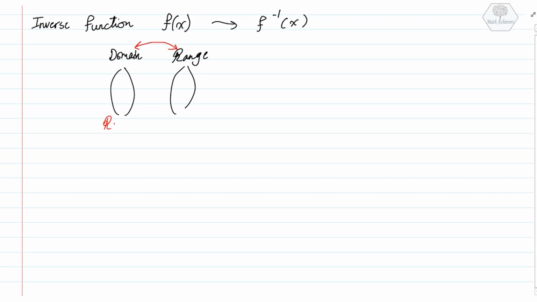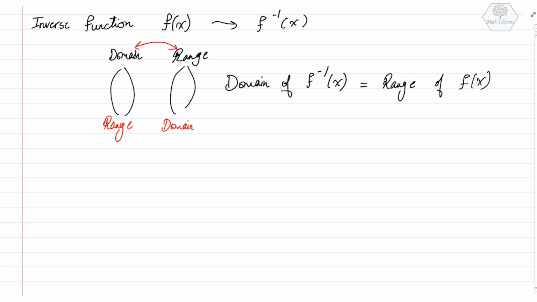So the range becomes the elements of the domain, and the domain becomes the elements of the range. So simply, starting with the domain of f inverse of x is equal to the range of f of x, and vice versa.